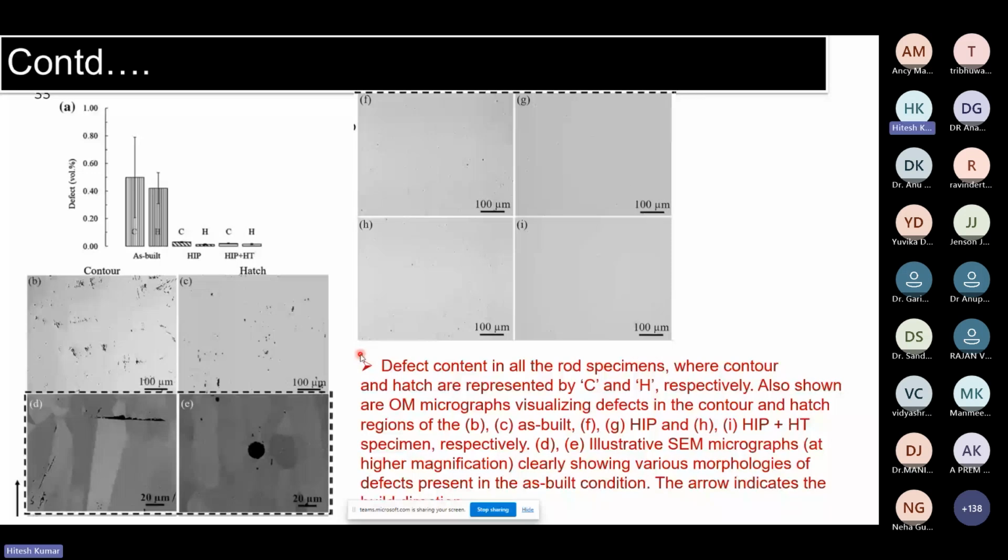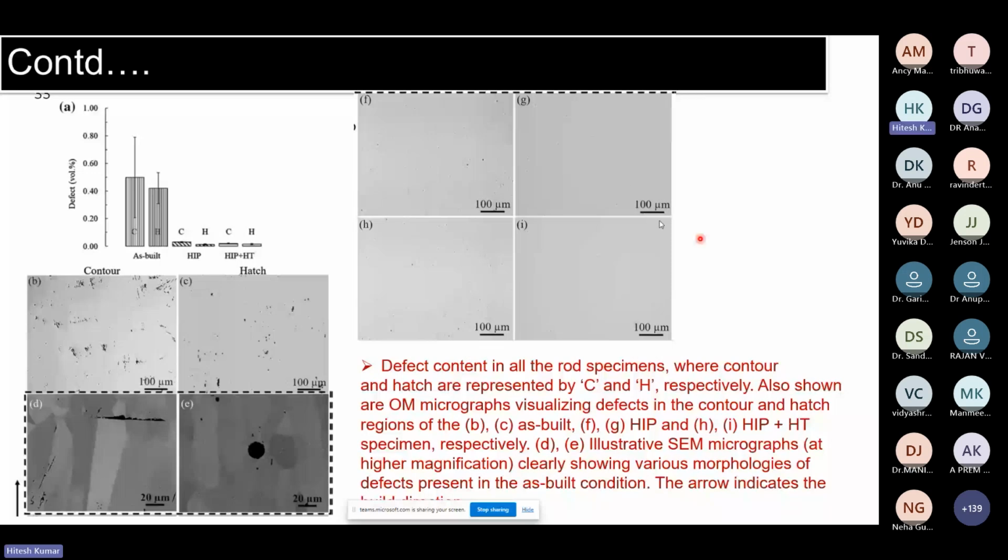To minimize it, we did some HIP treatment, and HIP plus heat treated. In the contour direction, after HIP plus heat treatment, it goes down. As we know, there is too much inhomogeneity, and to reduce it, you need to go for HIP plus heat treatment.